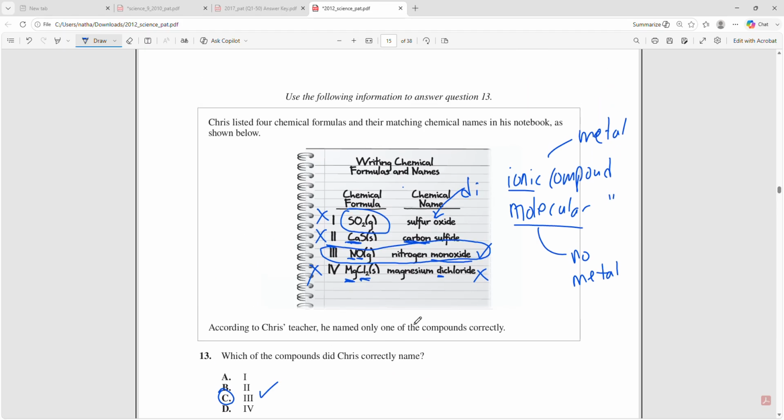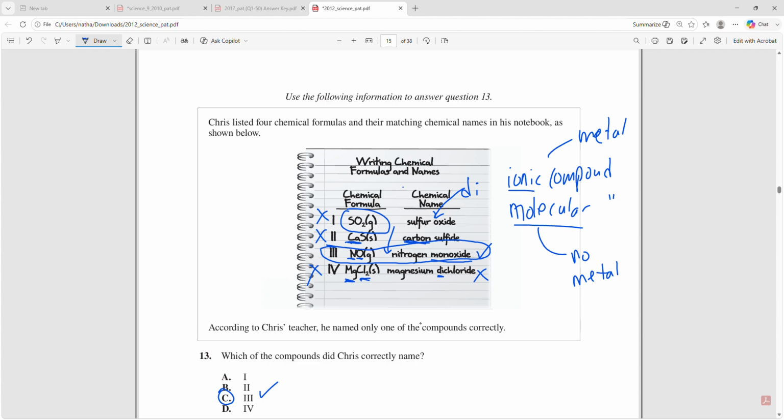Right, and then also should mention, might be useful for another question, that for the first compound here, we don't use the prefix mono except on the second of the 2 compounds. So we wouldn't call this mononitrogen monoxide. But if there were 2 of them, we would say dinitrogen monoxide.